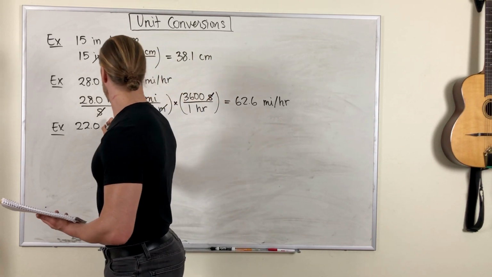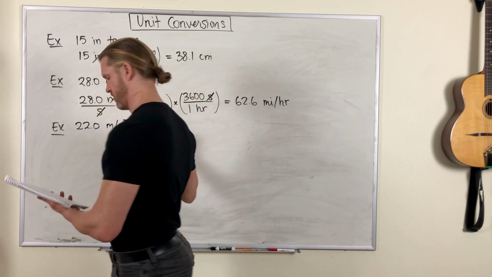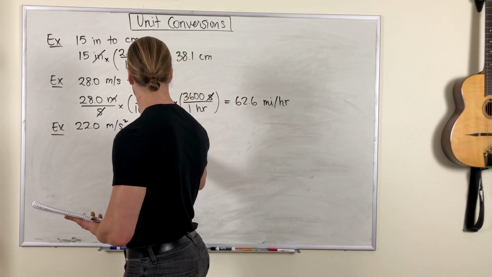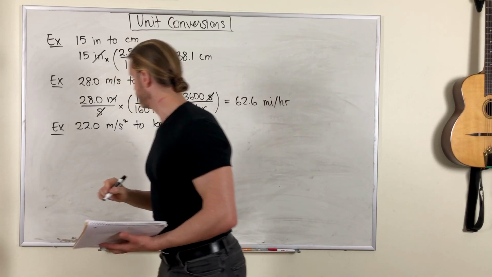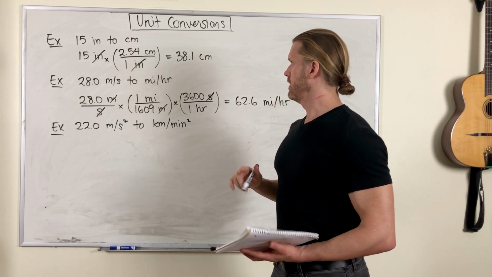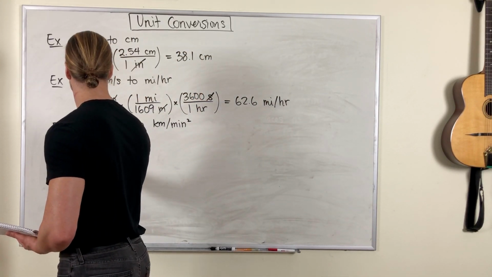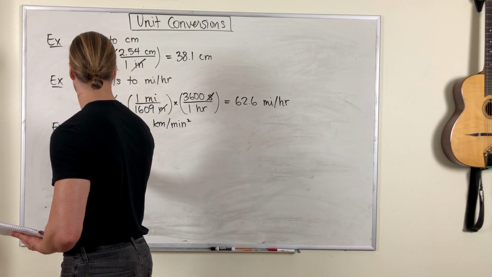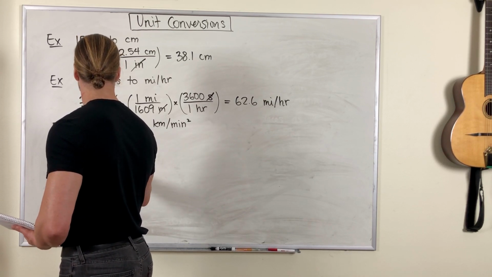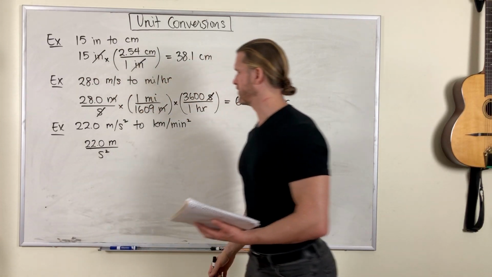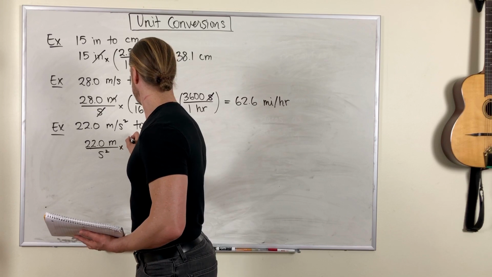So let's go from meters per second squared to kilometers per minute squared. Same procedure. Oops, 22 meters per second squared. That's my given quantity. Now let's convert those meters to kilometers.